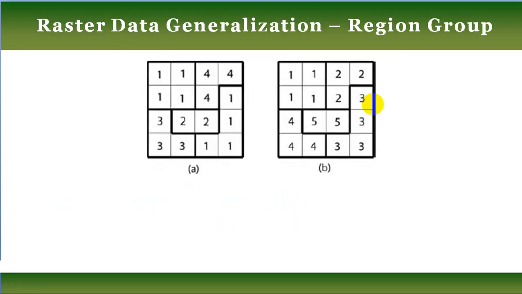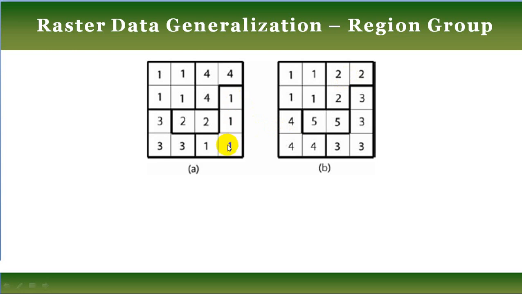And this is the last one, the region group operation. Whenever we find connected cells, this is the input raster, this is the output raster. Those 4 ones are connected, so in the output raster they are assigned 1. Those 3, 4 are connected, they have the same value, and are assigned a new value 2.